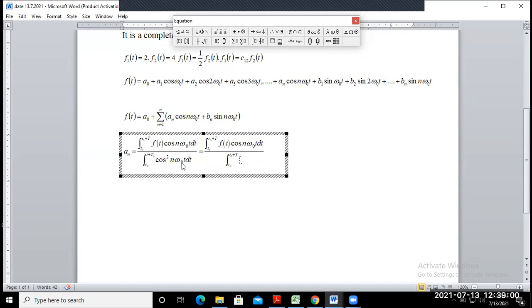Cos square n omega naught t can be written as 1 plus cos 2 n omega naught t divided by 2.